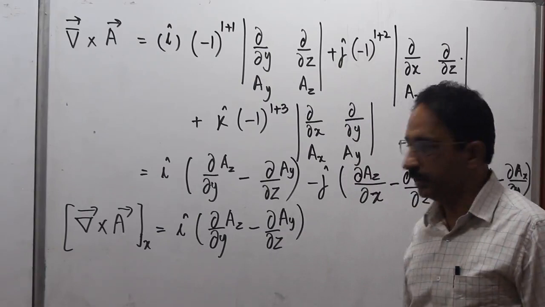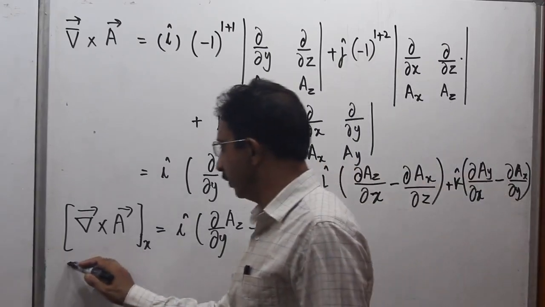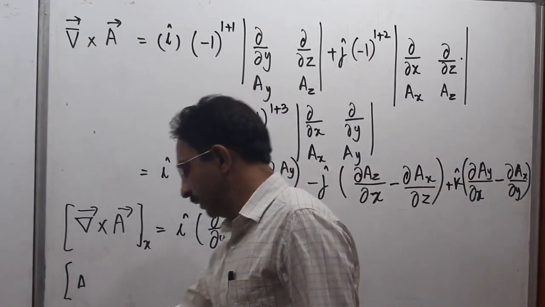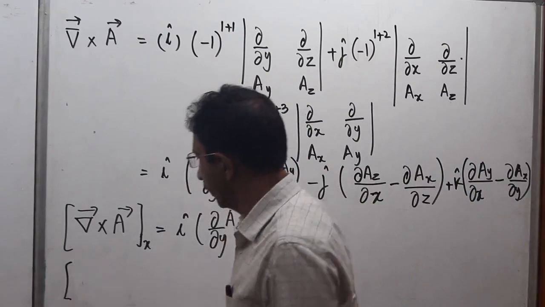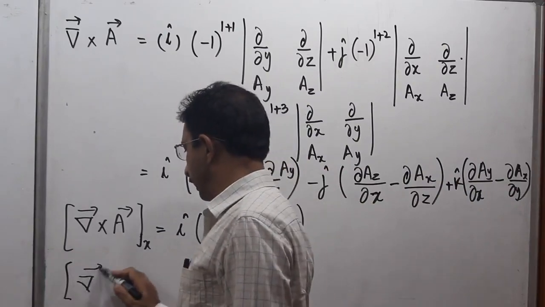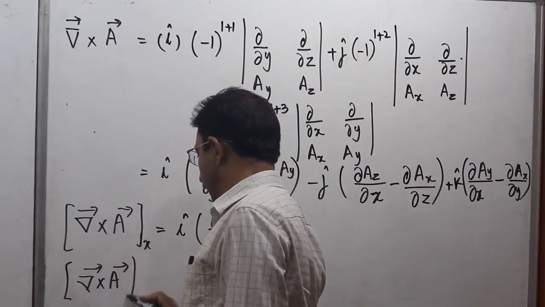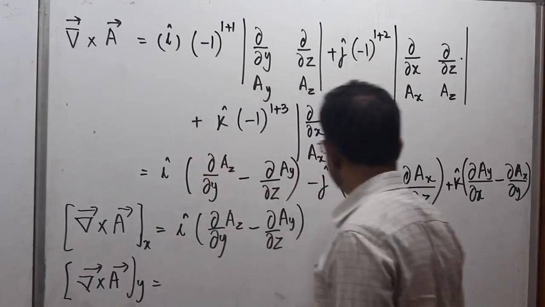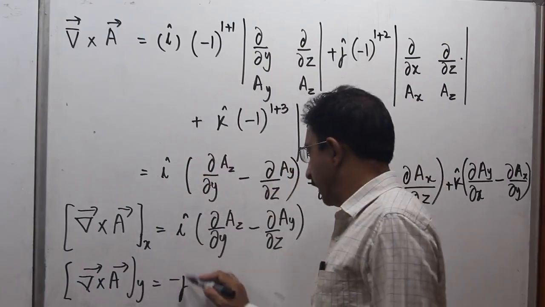You can also find its y component. So the y component of curl A would be equal to, so this is its y component, minus j cap.